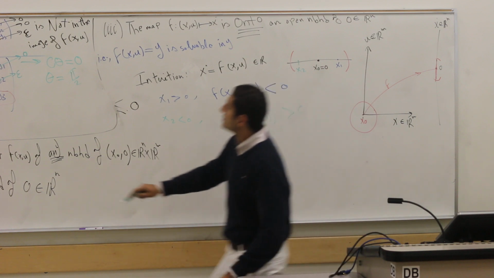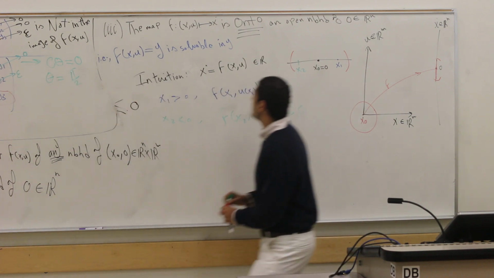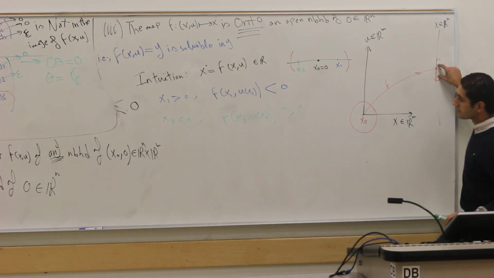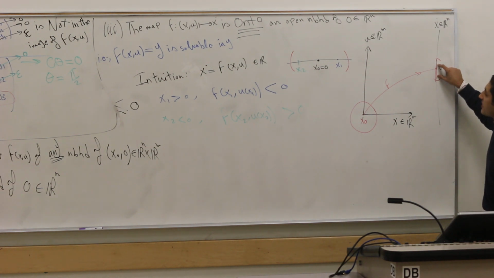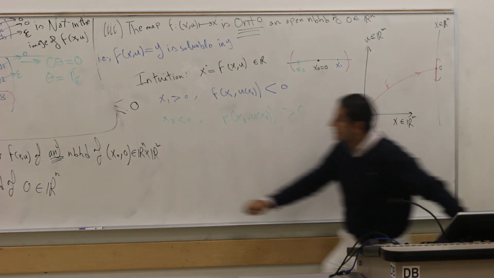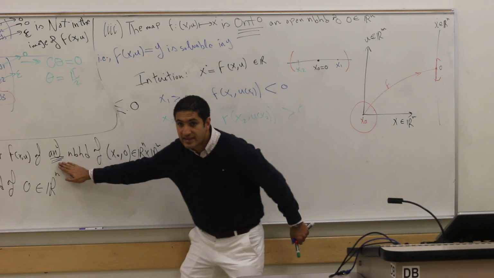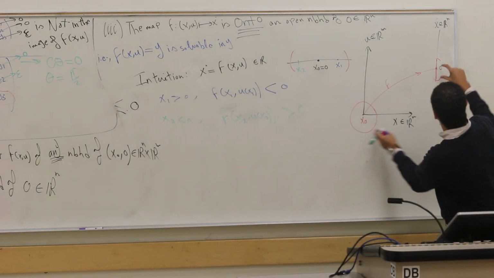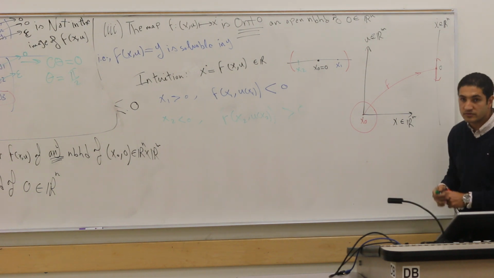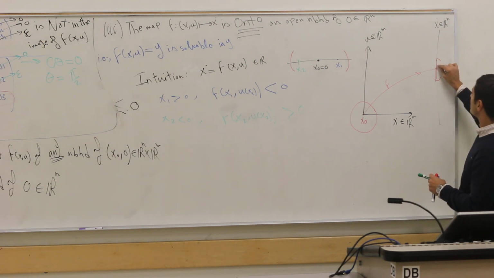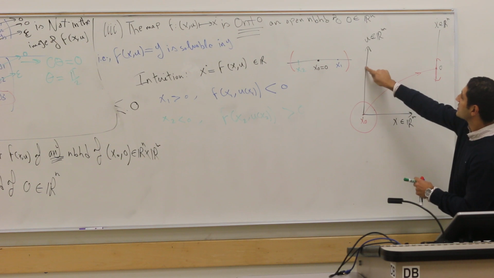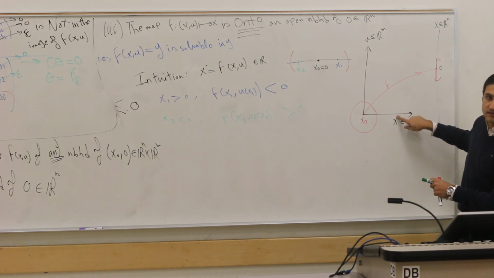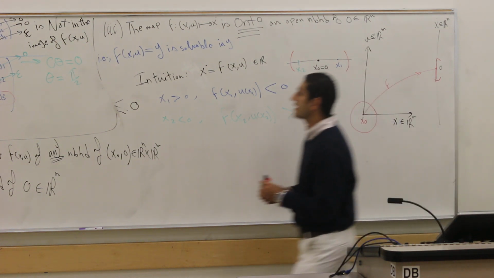So this point, we need this point to be in the image of any neighborhood. Look at this. So this is why I like it. So any neighborhood here should give you a neighborhood there. I give you a point in the neighborhood here that comes from theta's 90 degrees.